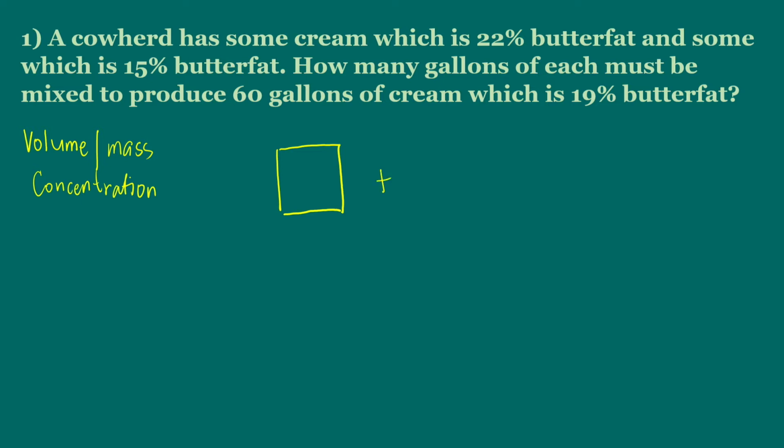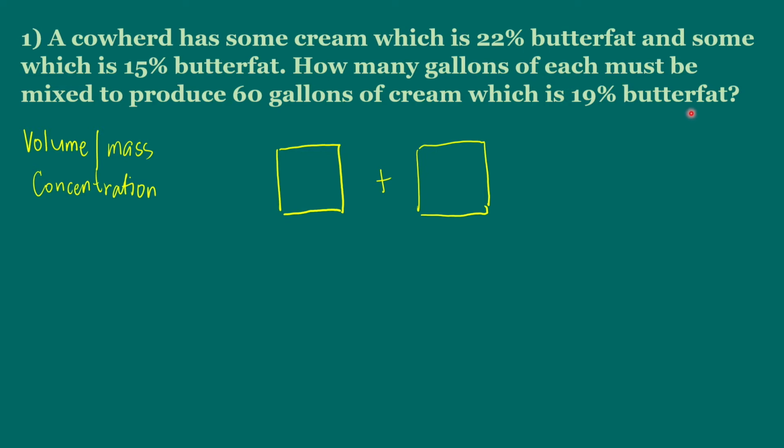So, when we add the two liquids, cream containing 22% and the other one containing 15%, we can create a 19% butter fat mixture.